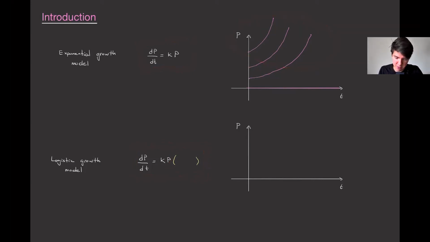The right expression to do that would be something like this, taking 1 minus, let's say, population times C, where we'll let C be the carrying capacity. And as an example, let's take that C and put it, let's say, here.